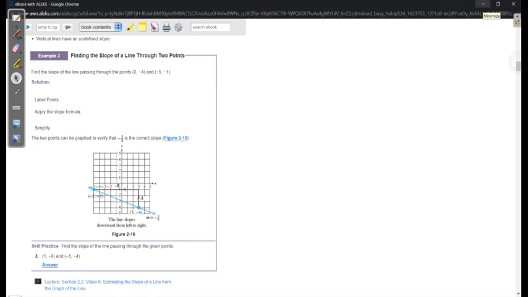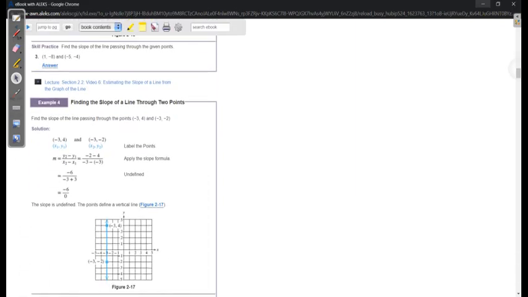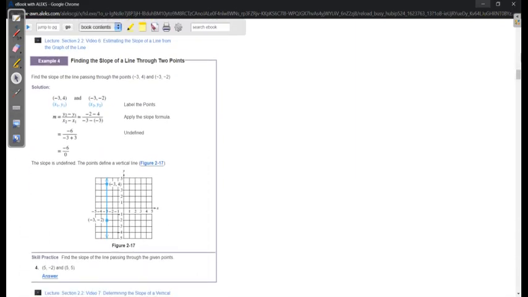Okay, example 4, we're going to find this slope. Again, I'm just going to keep putting the slope formula here, because it's one of those formulas that you just have to memorize.